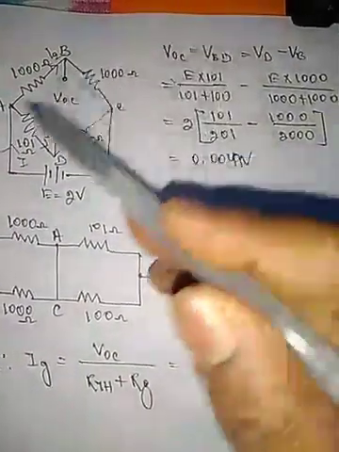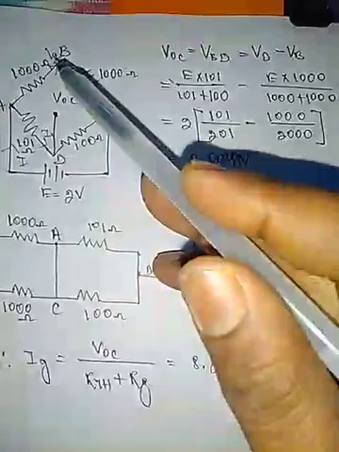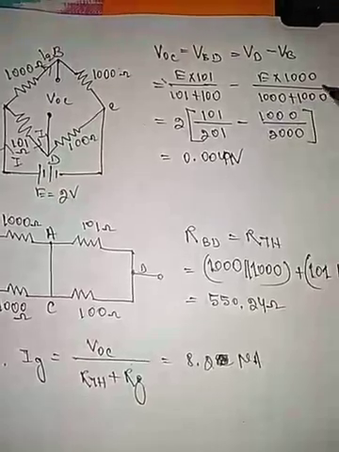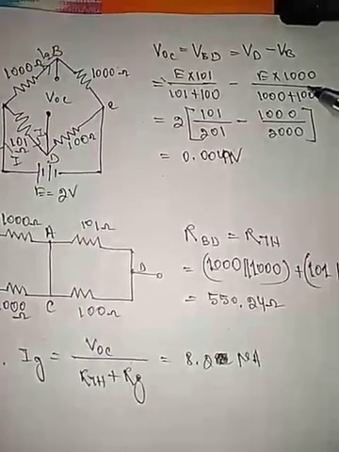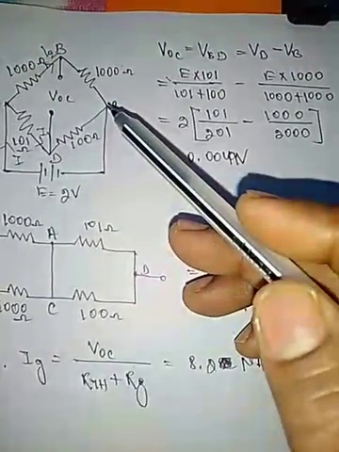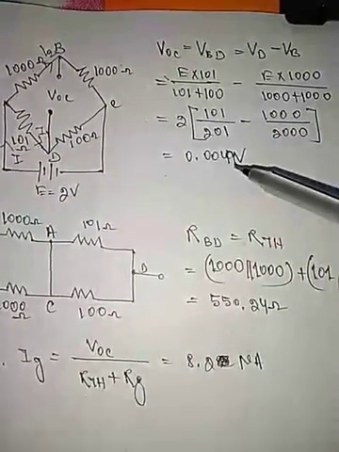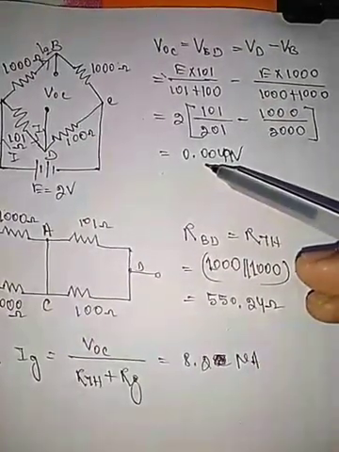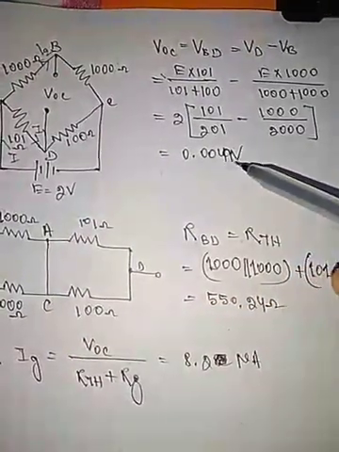Similarly, VB means the potential difference across this one, I2 into 1000. How do you find I2? Likewise, as we found I1, you find I2. For this path the total voltage is E divided by the total resistance, 2000. Then after putting in the values, you find VOC. E is here 2 volt, so VOC is 0.0049 volt.